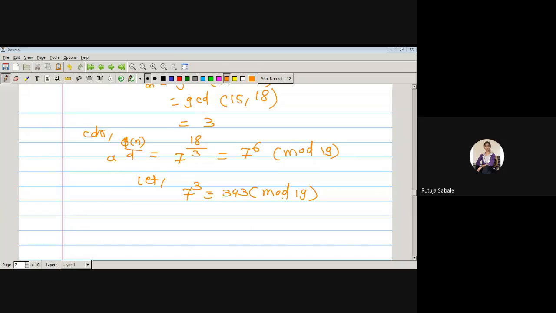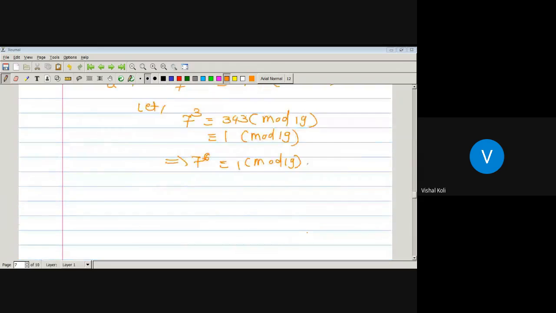It is 1, so 7 to the power 3 is congruent to 1 modulo 19, which implies 7 to the power 6 is congruent to 1 modulo 19, since here we have just taken k equal to 2.